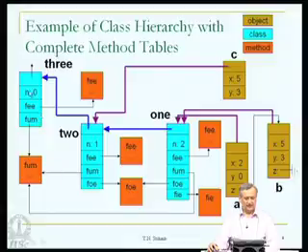So, there are 3 classes: 1, 2 and 3. Class 1 inherits from 2 and class 2 inherits from 3, that is the end. Class 3 is the grandfather class, this is the father class and let us say this is the son class. So, this is the hierarchy that we are talking about.